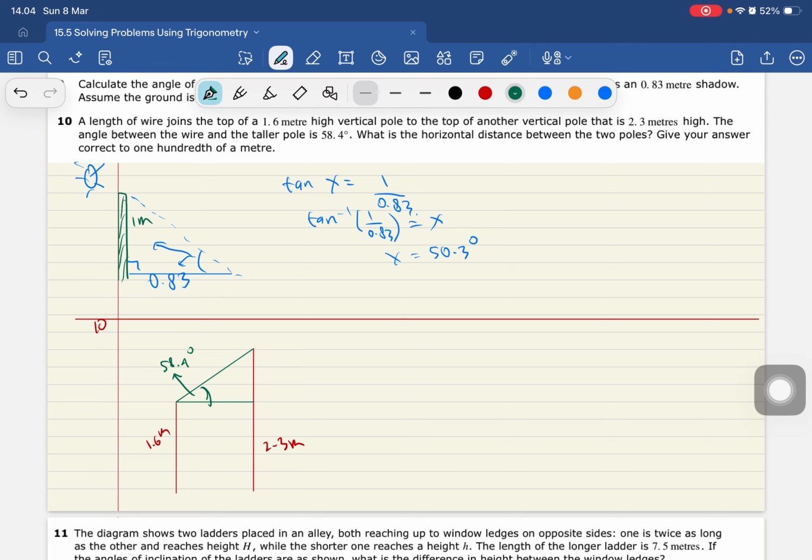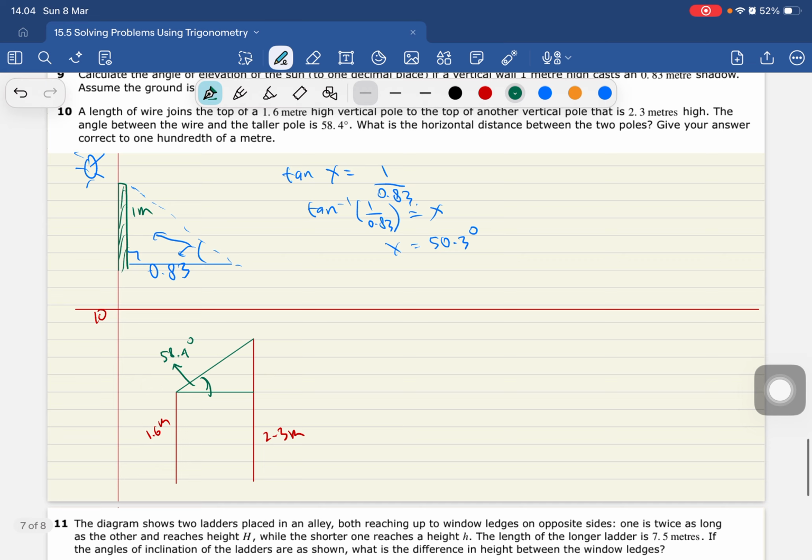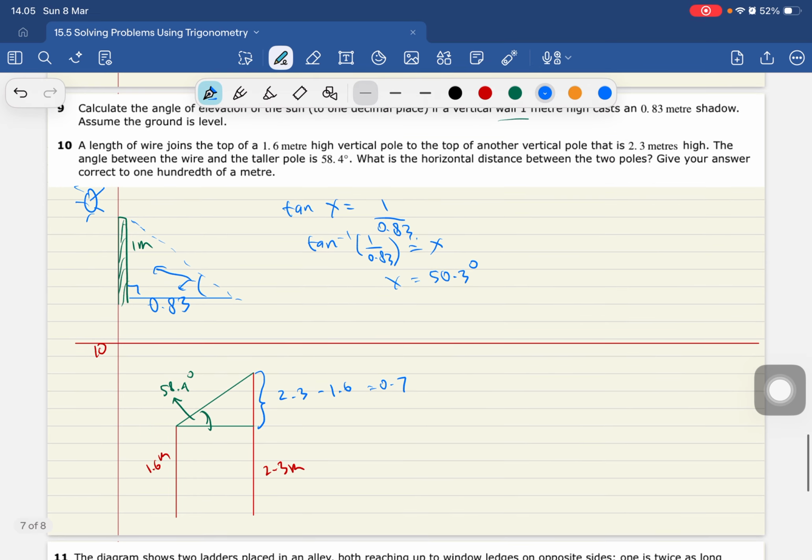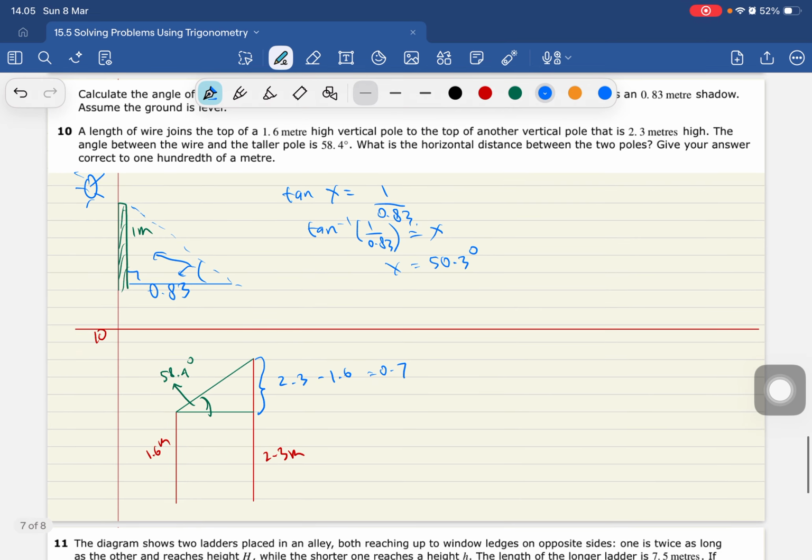As the total is 2.3, to find this length we subtract 1.6 from 2.3, so we get 0.7. Now we need to find the horizontal distance.